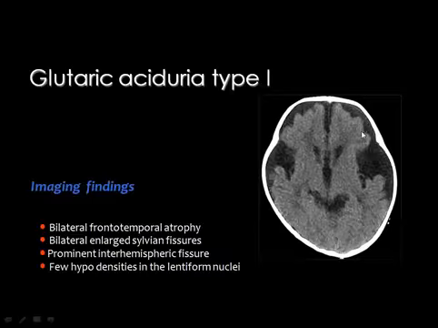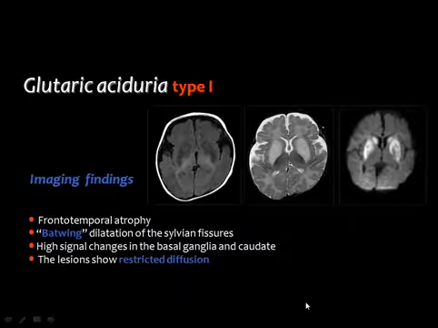The frontal lobes and the temporal lobes are relatively atrophic, and consequently the sylvian fissures are wide and broad, giving the brain the appearance of a bat's wing configuration. Then the interhemispheric fissure will be prominent, and there may be some hypodensities within the lentiform nuclei.